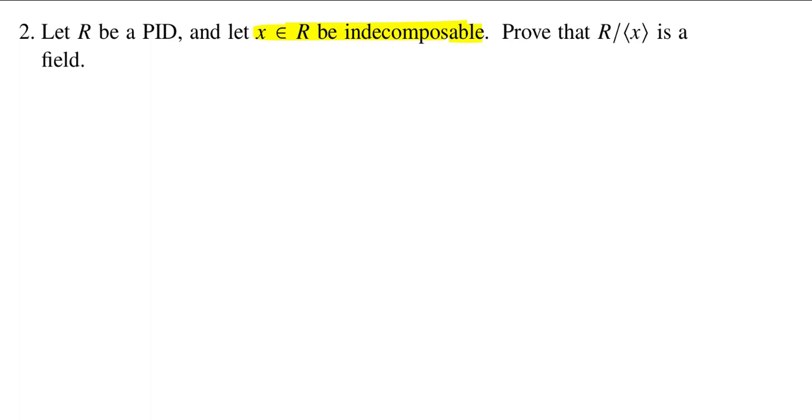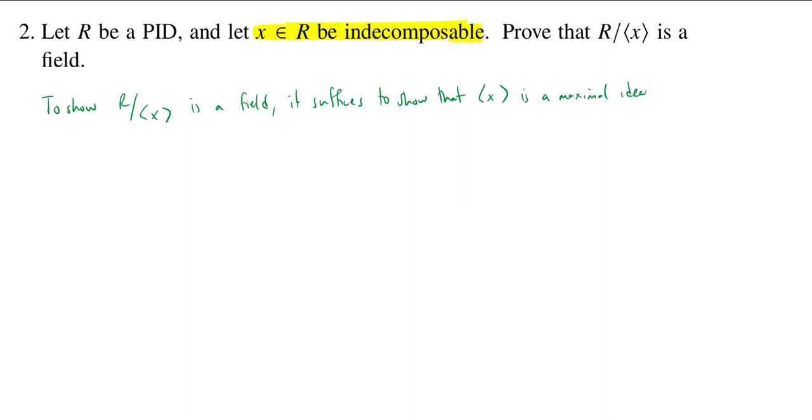So in order to show that a quotient ring is going to be a field, it's enough to show that the ideal is maximal. So to show R modulo the ideal generated by X is a field, it suffices to show the equivalent condition that the ideal generated by X, that's the ideal we're modding out by, is a maximal ideal of R. Okay, so this is one of our important results from class.